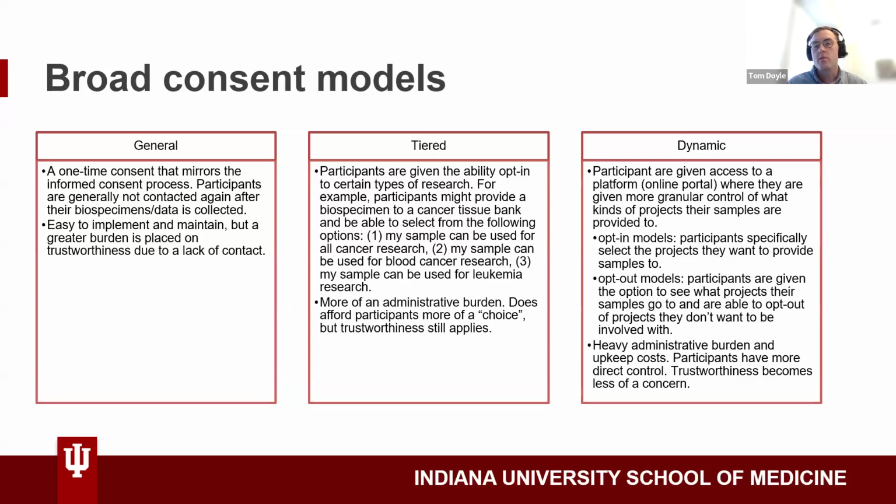Of course, there's more administrative burden. You then have to track to make sure that the samples are being used not just for general cancer research. If they selected leukemia research, make sure that's only going to leukemia research, right? So there's more of an administrative burden, and I think that raises some issues with trustworthiness if you're not using samples in the right way.